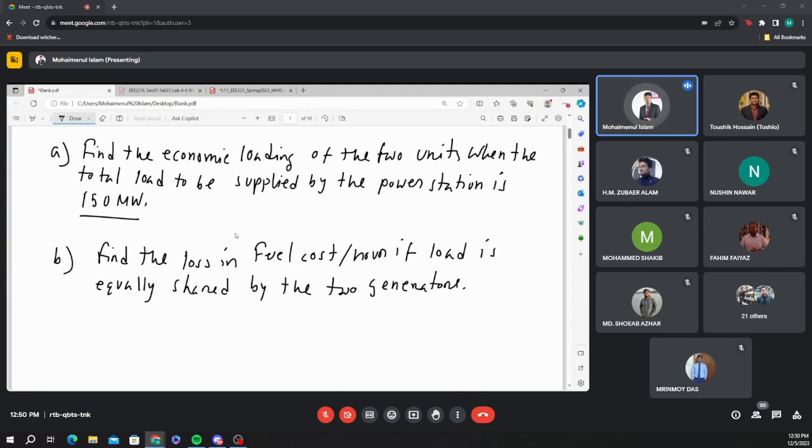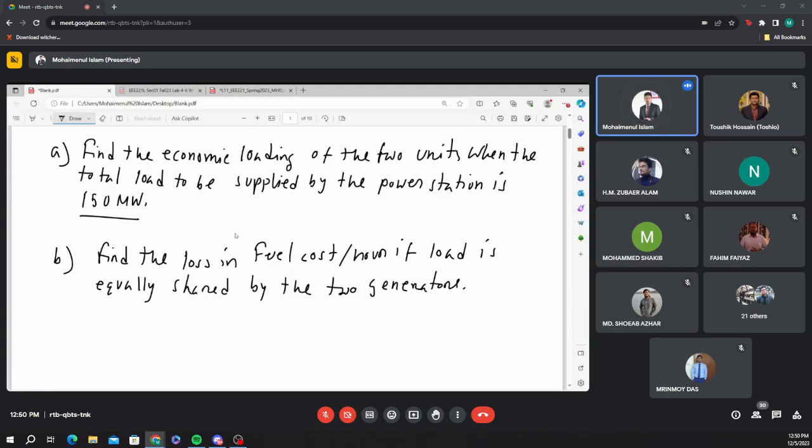And what about the losses if you consider equal load sharing or unequal load sharing? What about the fuel cost difference? Or we can say, what about the depreciation from sharing equal load by the 2 generators or not equal share by the 2 generators?